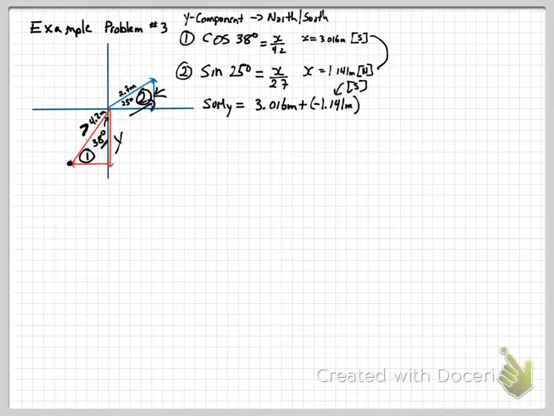Right? So this right now is 1.141 meters north. In order to make it south, I have to make it negative 1.141 meters north, which means it's going the opposite way. So again, we should say the sum, we're summing the vectors.